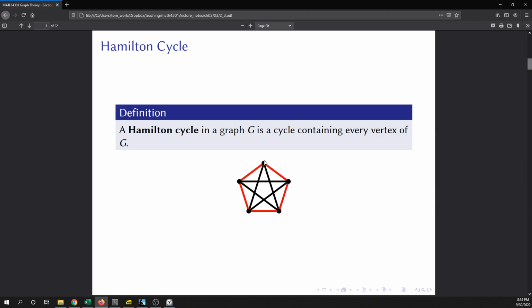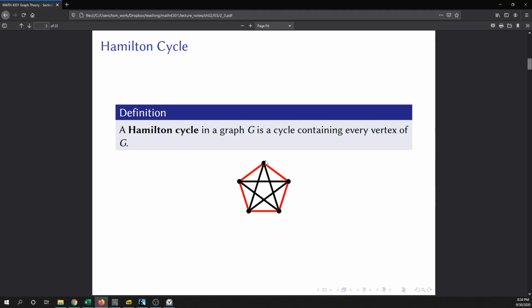Likewise, if I take a look at the edges that are colored black and just follow them around, then that also is another Hamilton cycle.